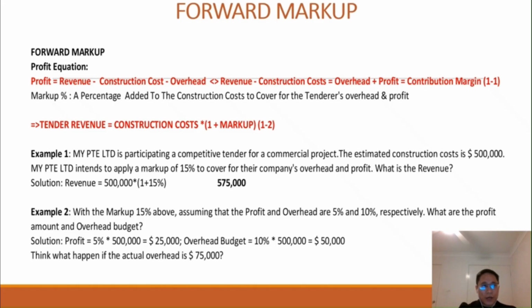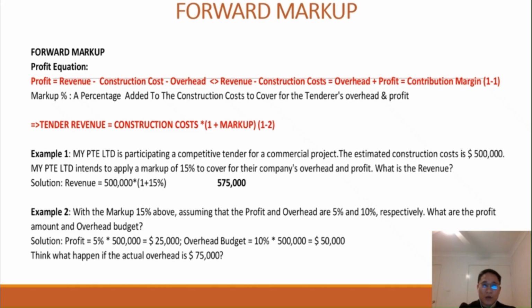In example 1, my company is participating in a competitive tender for a commercial project, and the estimated construction cost is around 500,000, and my company intends to apply a markup of 15% to cover the company's overhead and profits. So the question is, what is the tender revenue, which means the tender to be submitted to the client?